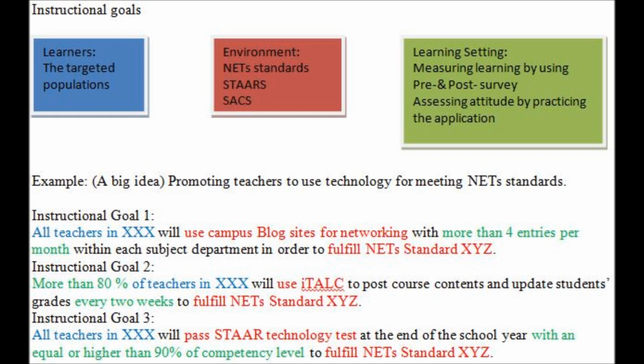So these are just ideas for your team to form 3 goals. And remember, each goal statement should include 3 elements. If you have any questions, please let us know. We will be more than happy to provide you more examples.